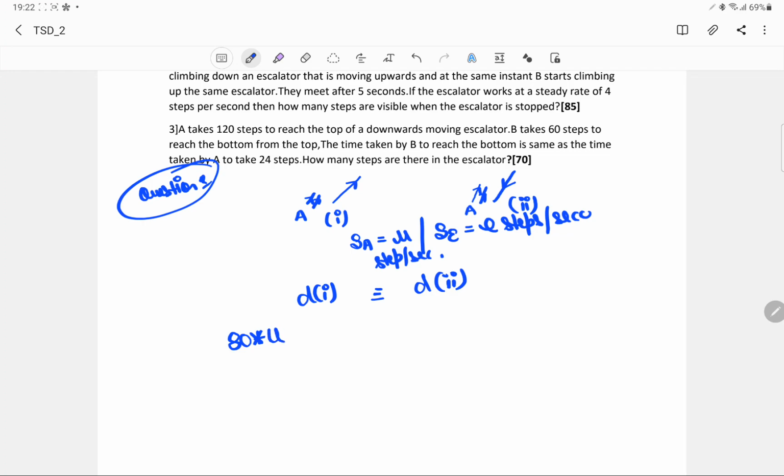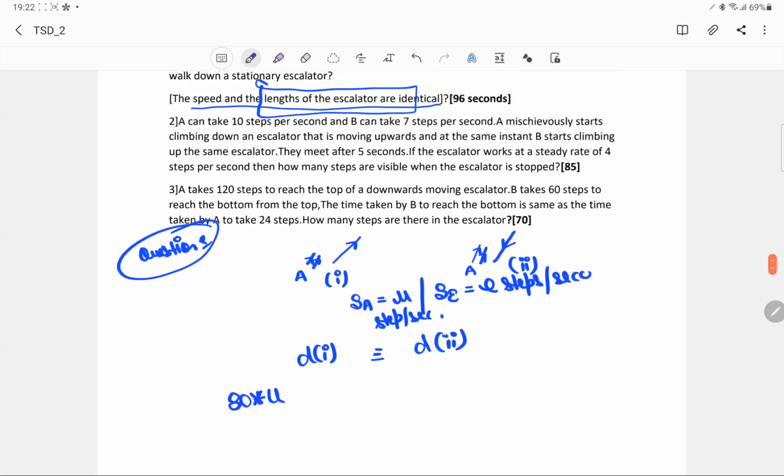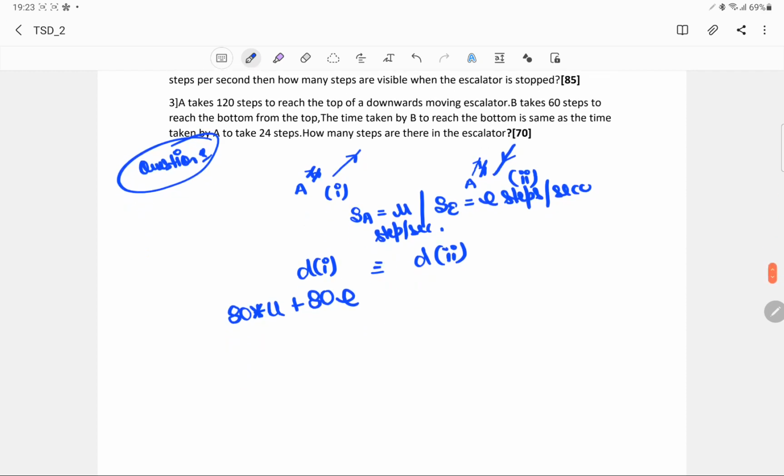And for these 80 seconds, the escalator is taking some steps as well, 80 into e steps. This is nothing but the length of the escalator. So he reached the top, and this is the entire length.